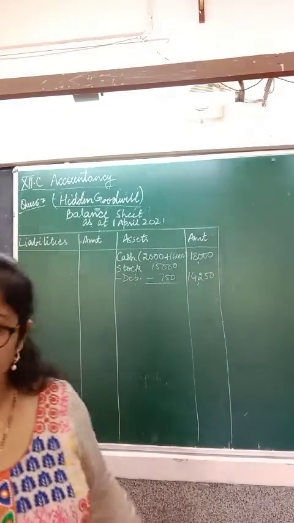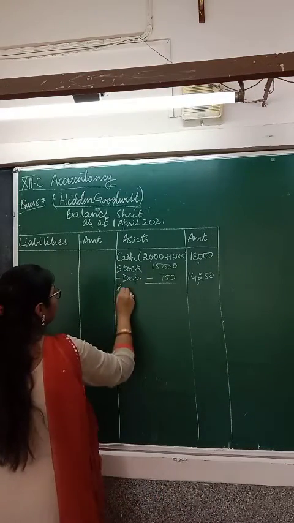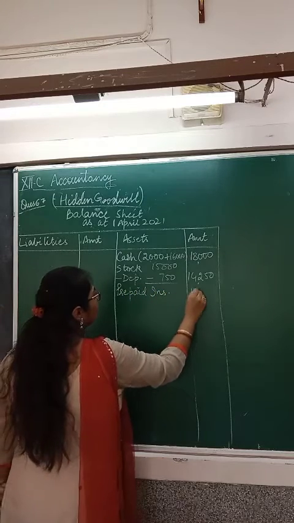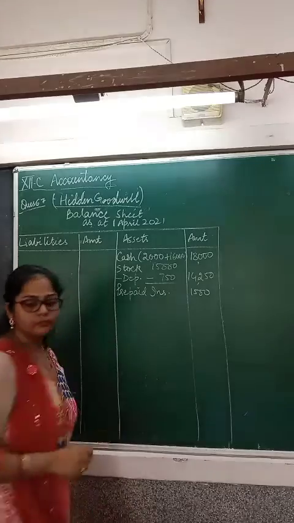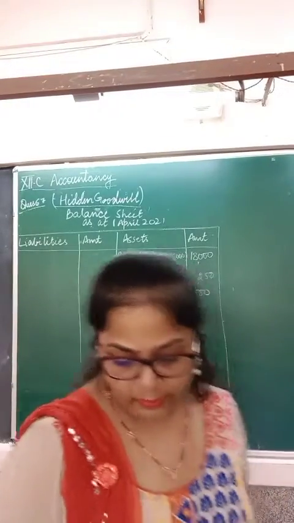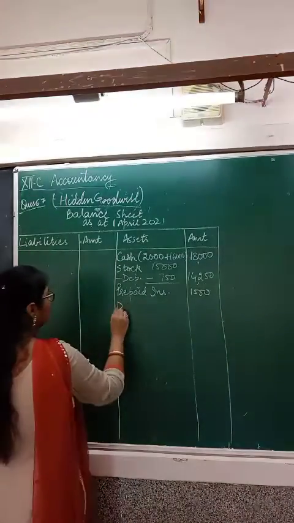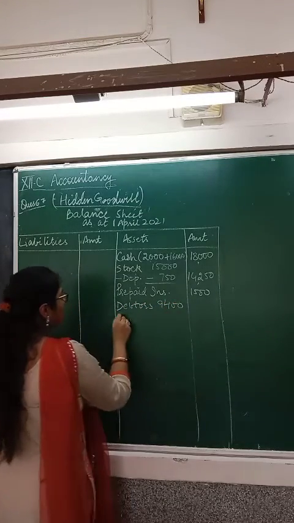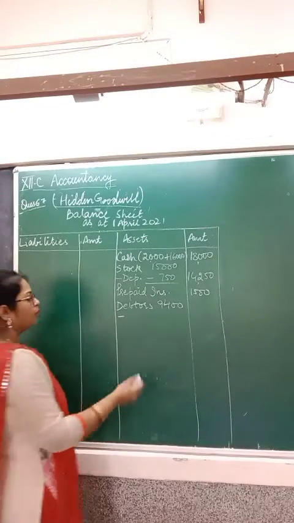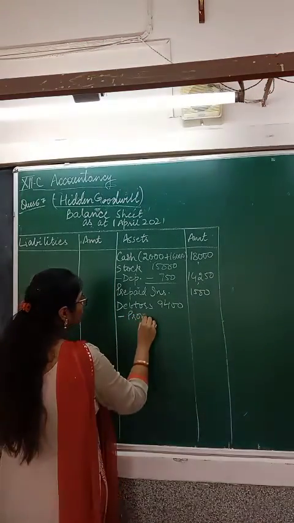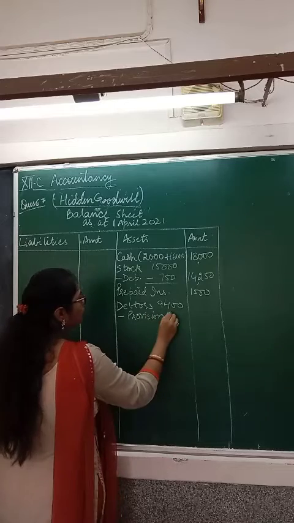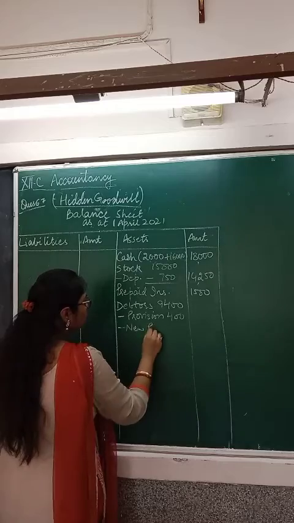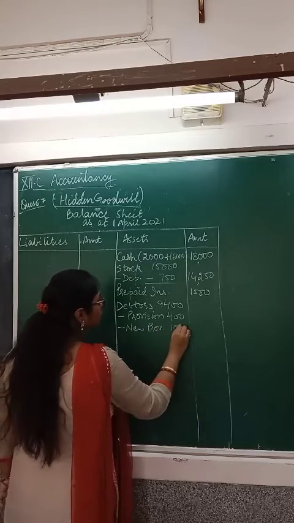A prepaid insurance will remain the same, rupees 1500. Along with this you have debtors, rupees 9400, minus the total provision, which was already there, minus the new provision, which is 100 rupees.